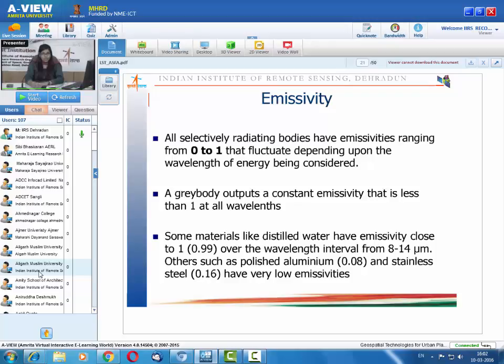Distilled water will have emissivity very close to 1, about 0.99. Others, like polished aluminium, stainless steel and the tin surface, are very good reflectors, so they will have very low emissivity. Emissivity can be calculated from the satellite image, and don't worry about that, we are going to discuss it in future slides.